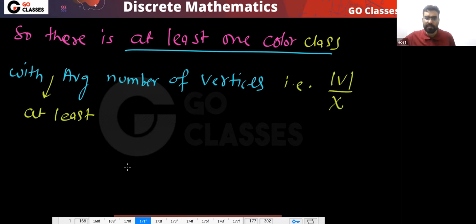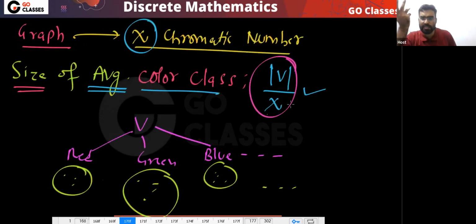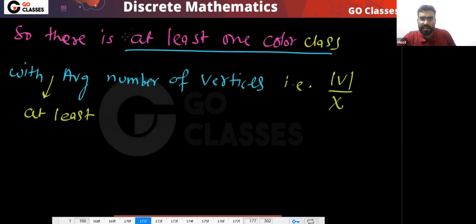Is this clear? This is the meaning of average, right? If the average value is, for example, k, what does it mean? It means there is at least one person less than or equal to k, and at least one person greater than or equal to k. Yes or no? This is the meaning of average. Someone is small, someone is bigger. So I can say that at least one color class will have at least this many vertices.